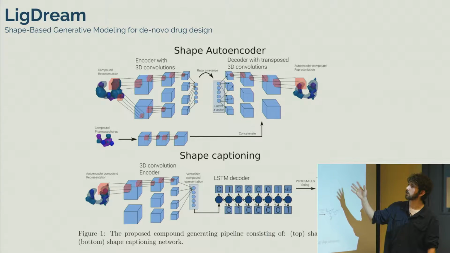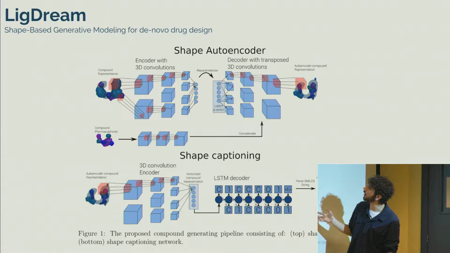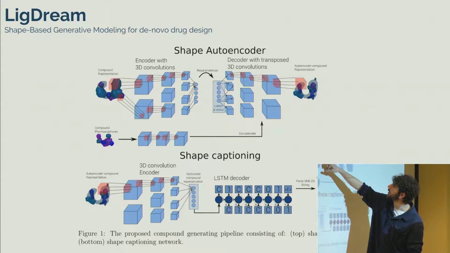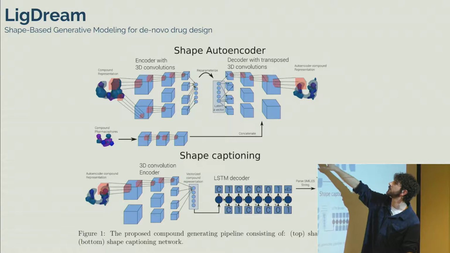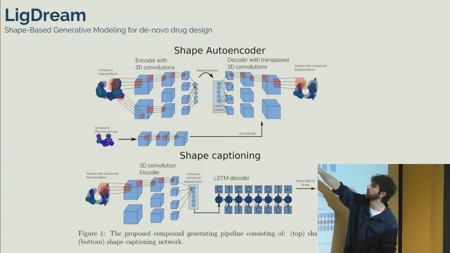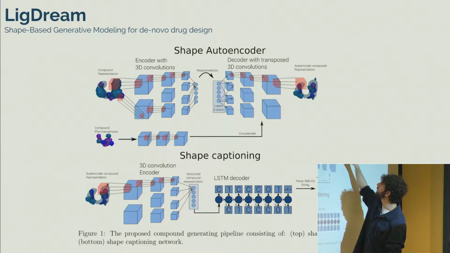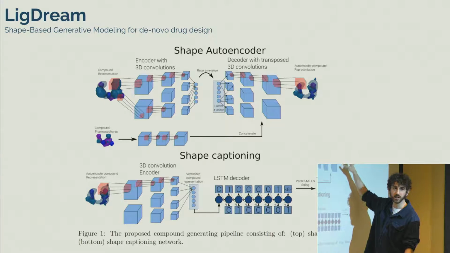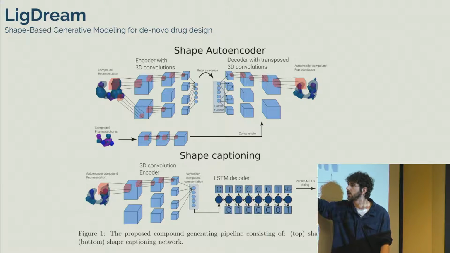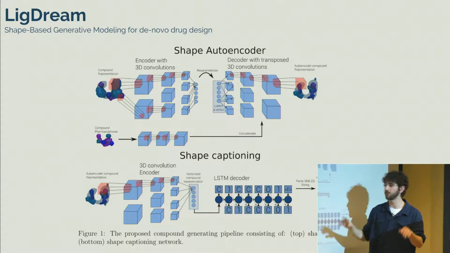This is the more technical representation. You have the compound representation, which you encode with 3D convolutions, and you have this latent space that encodes the shape, and then you decode this to generate new shapes based on this latent representation. You can also input compound pharmacophores or other information.